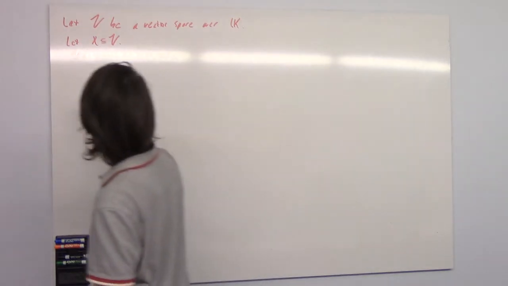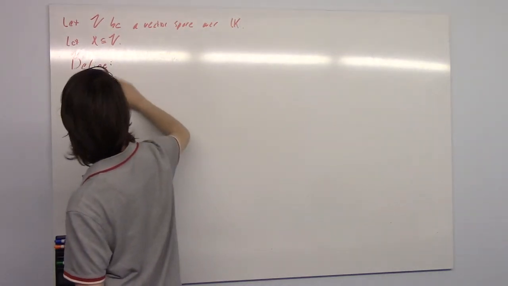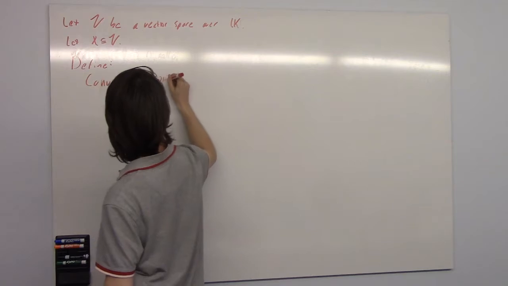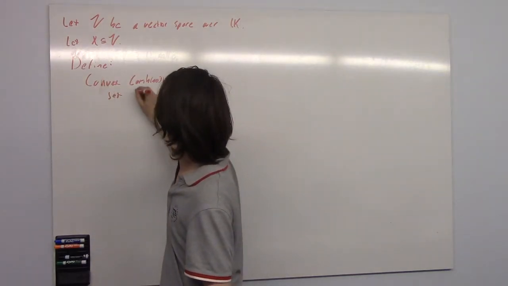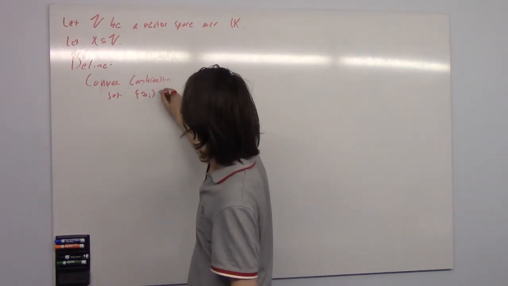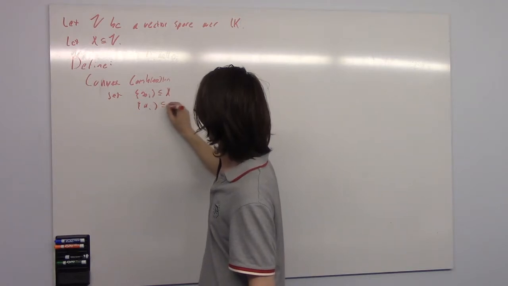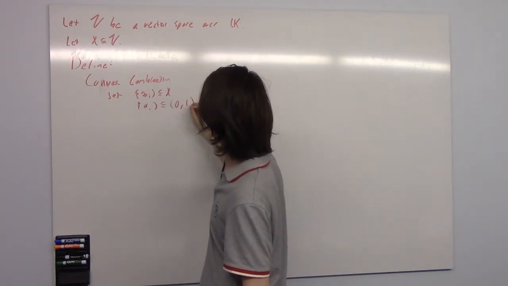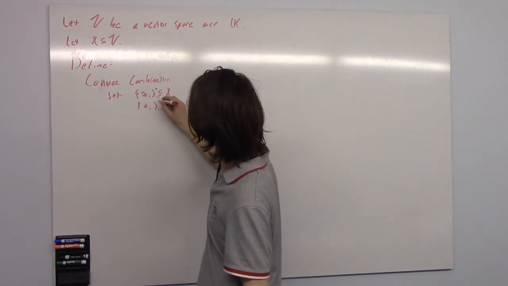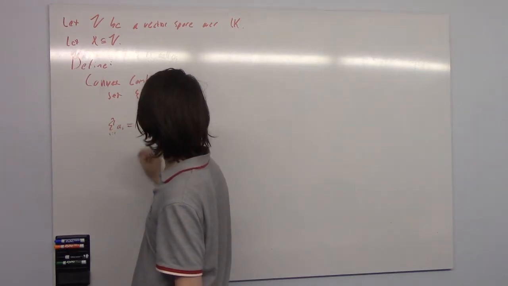Now we're going to define a convex combination as follows. Take x_i, a subset of X, and a_i, a subset of (0, 1], for i equal 1 to n, where the sum of a_i, i equal 1 to n, equals 1.